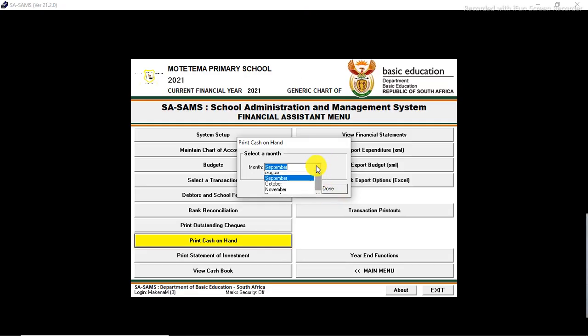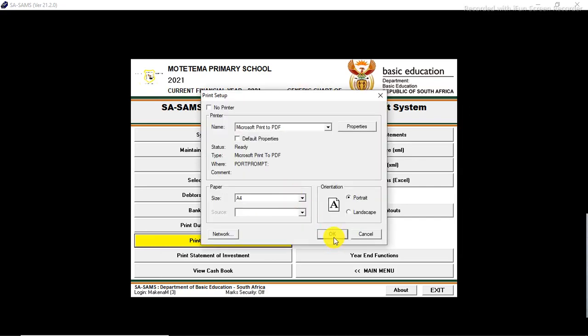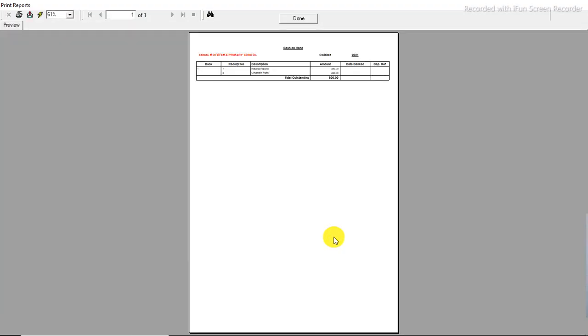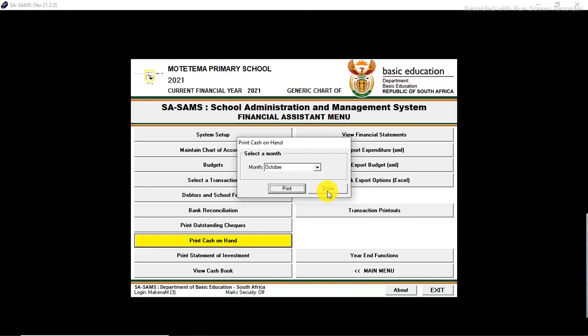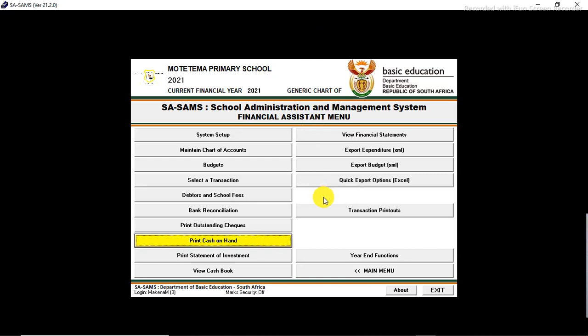Then you are like, what about October? Remember, you must bank your money on a weekly basis, so that is why it's selecting a month, because weekly basis, in a month, is like 4 times. So it says, look, even in October you still have this at hand because you haven't banked it, it's still at the school as far as the system is updated.